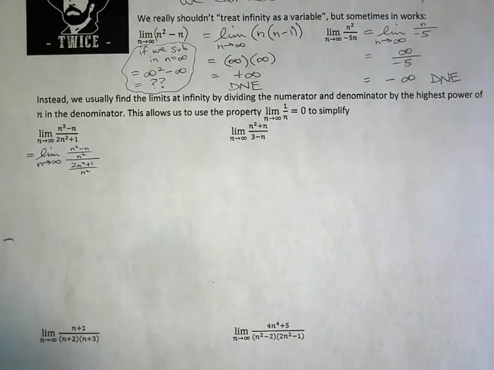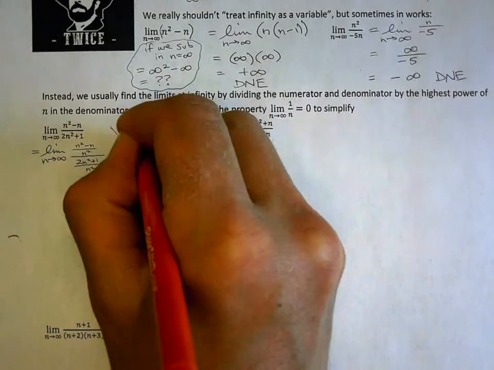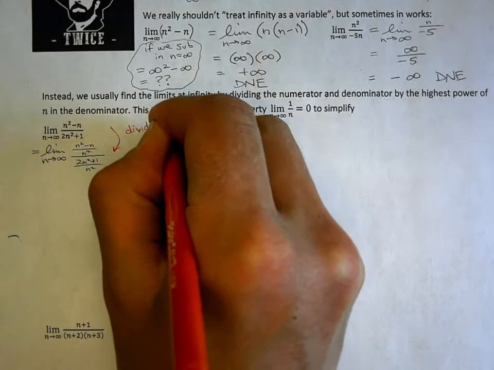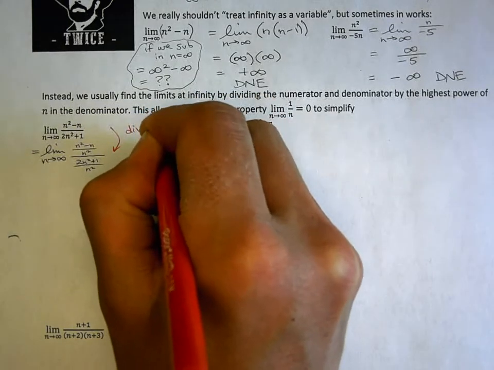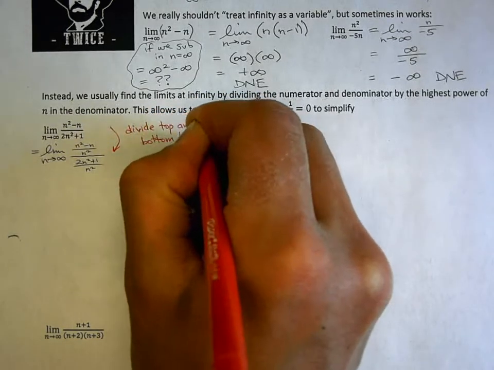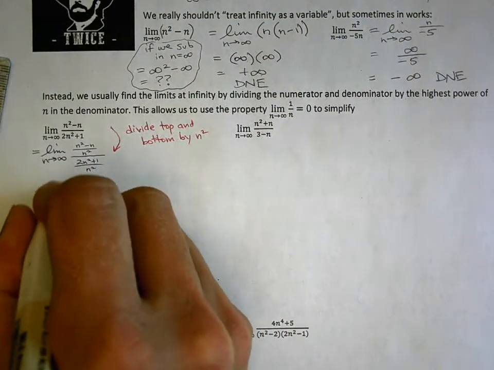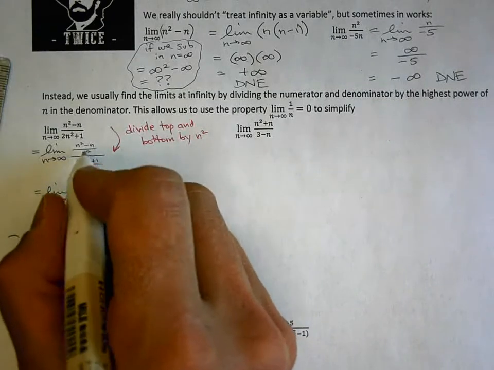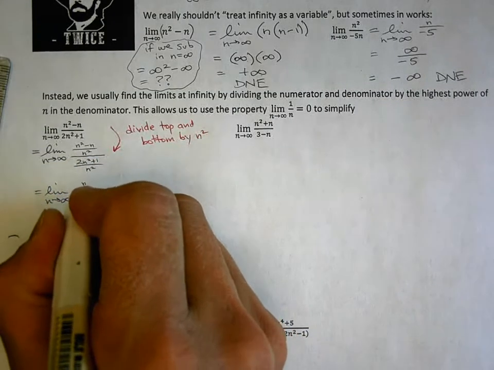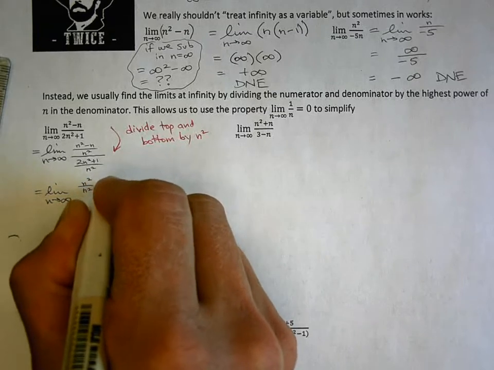This is very messy, right? Let me just make a note here. Divide top and bottom by n squared. Okay, so now when I do that, what happens? Now technically this is n squared over n squared minus n over n squared.